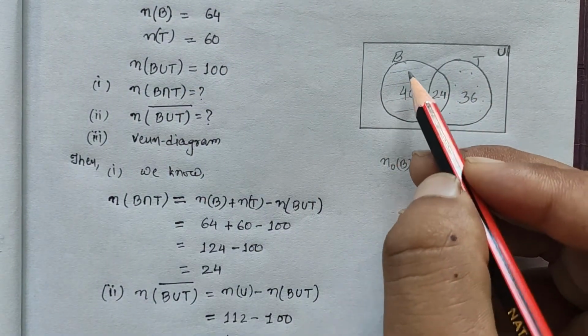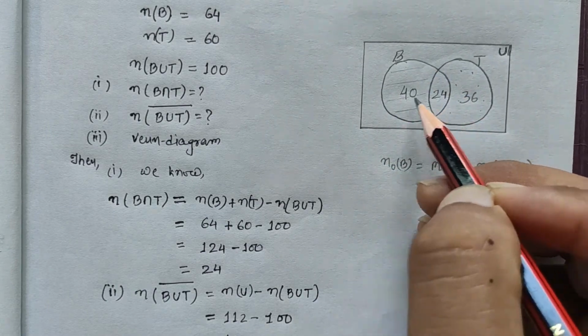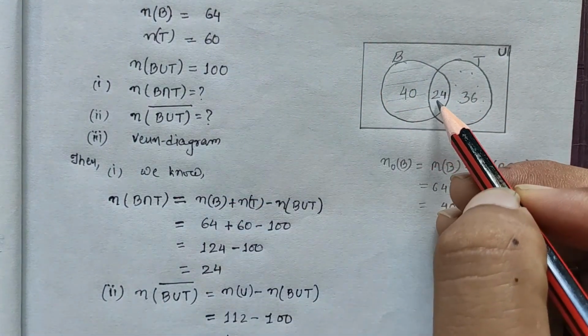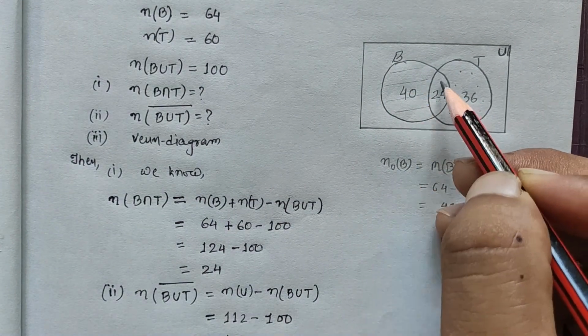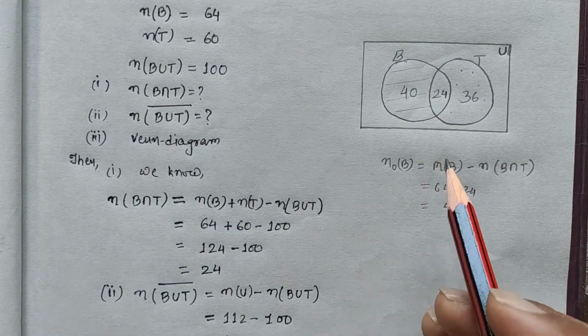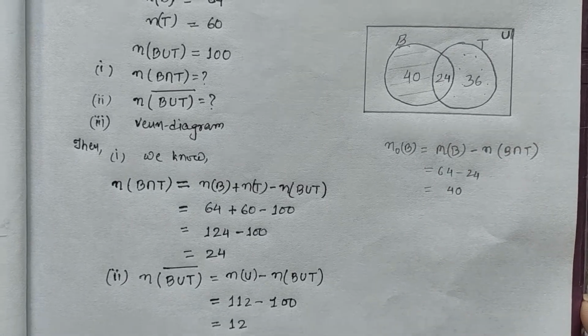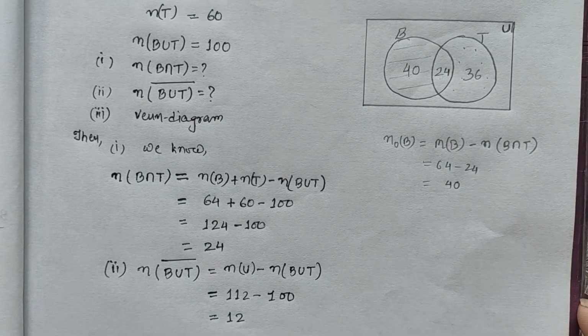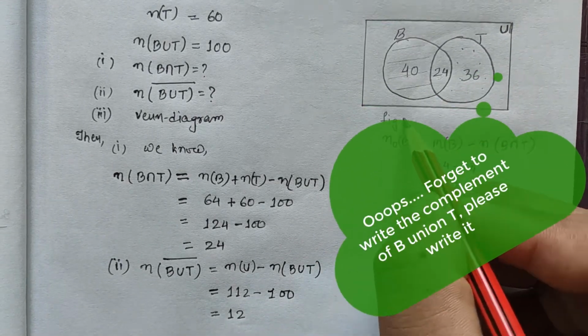Similarly here n(B) is 64, so when you add these two, it must be 64. And the common part, or intersection, is 24. You don't have to show this, I have shown it here to explain it. And at the last, after drawing the Venn diagram, you have to write the label: figure, Venn diagram.